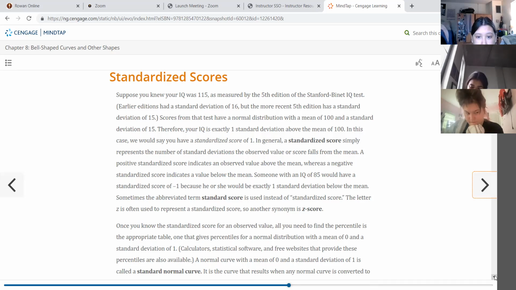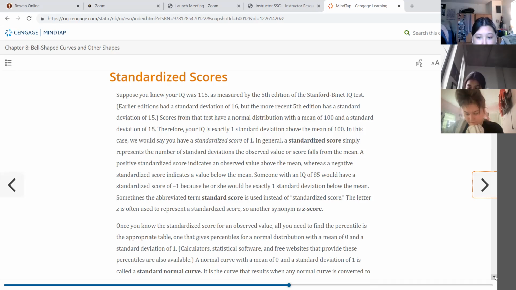Now, let's say you scored 110 on this test. Well, you scored 10 points higher than the mean, right? The mean is 100, you scored 110. Remember, a standard deviation is worth 10 points. So if you scored 10 points higher, you scored one standard deviation higher than the mean.